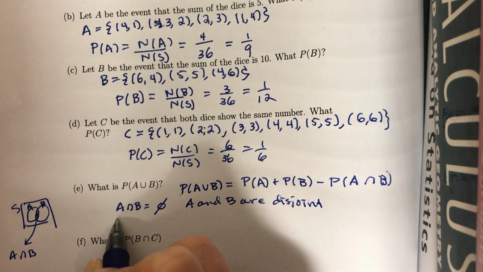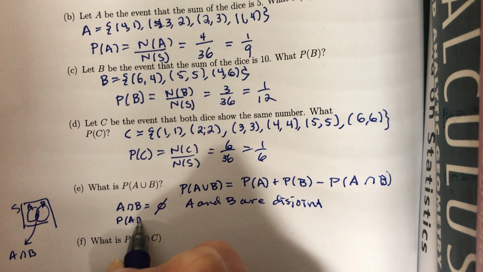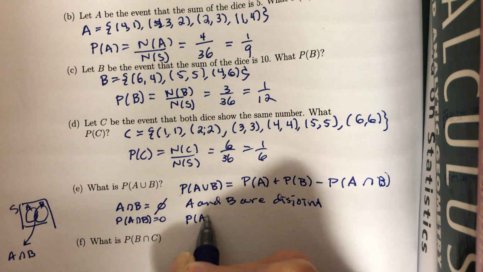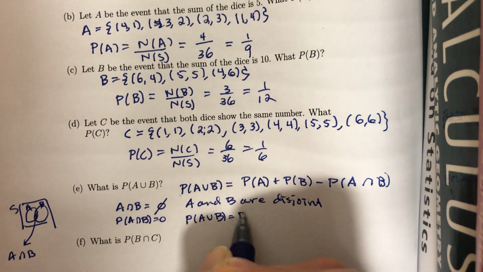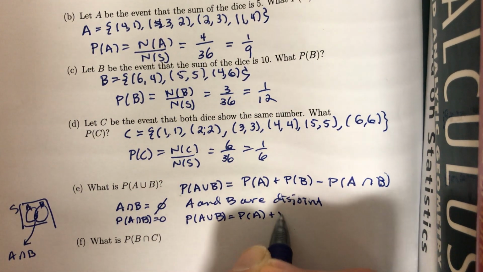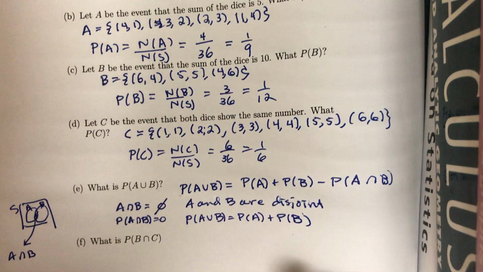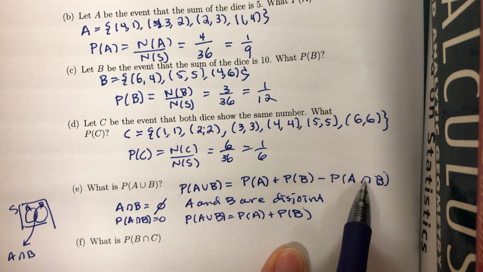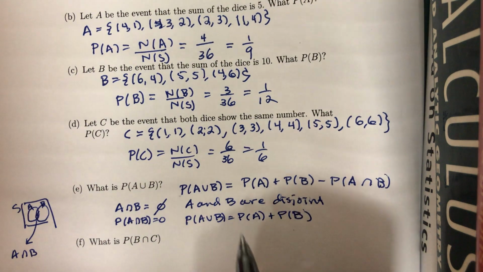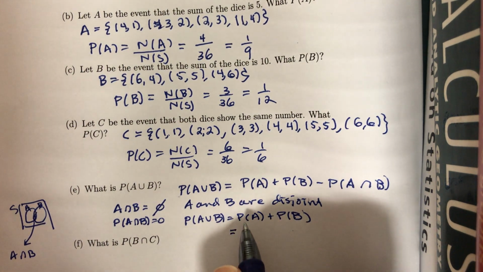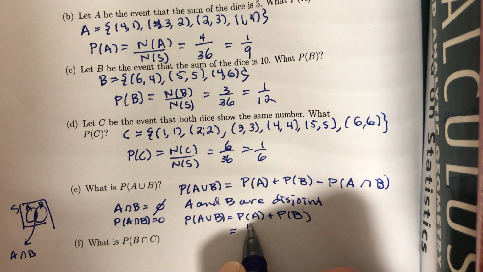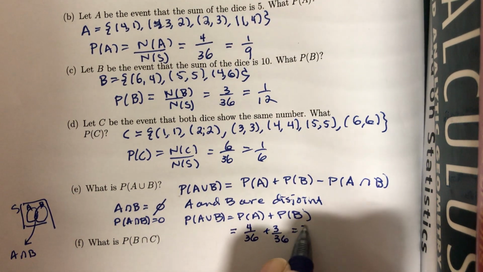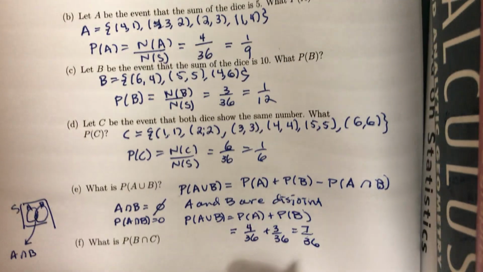So the probability of A intersection B is just equal to 0. So the probability of A union B is equal to the probability of A plus the probability of B. If there is no intersection, then the probability of that intersection is 0. So that's equal to 4 over 36 plus 3 over 36. That's 7 over 36. Okay, did that one.